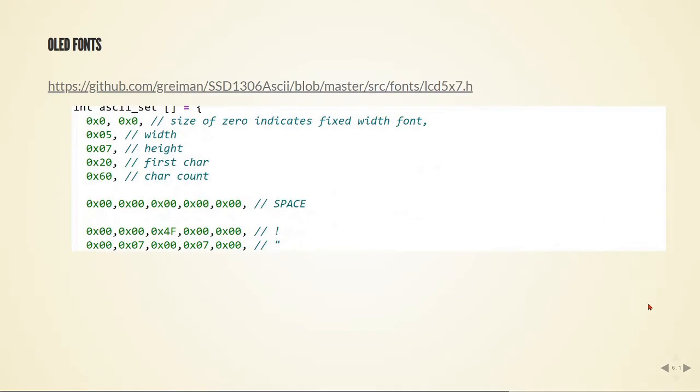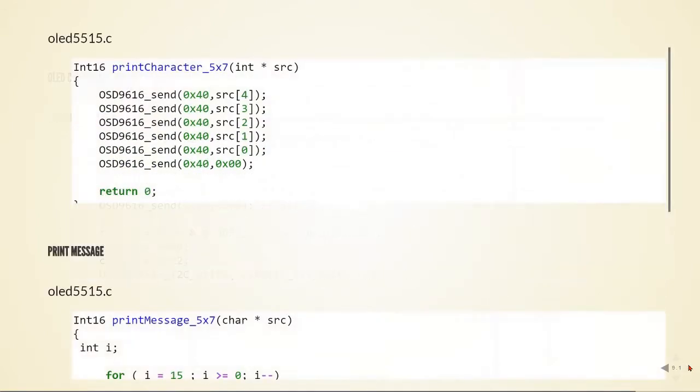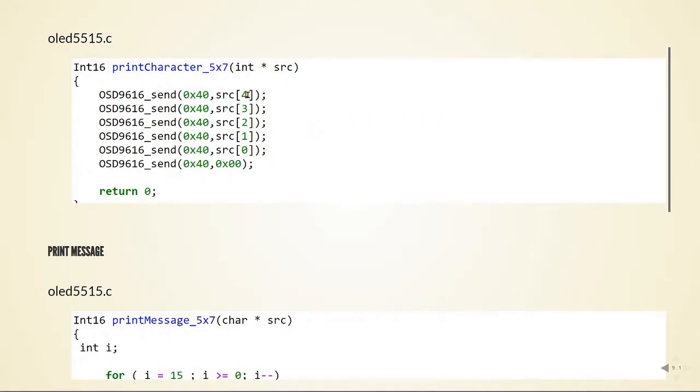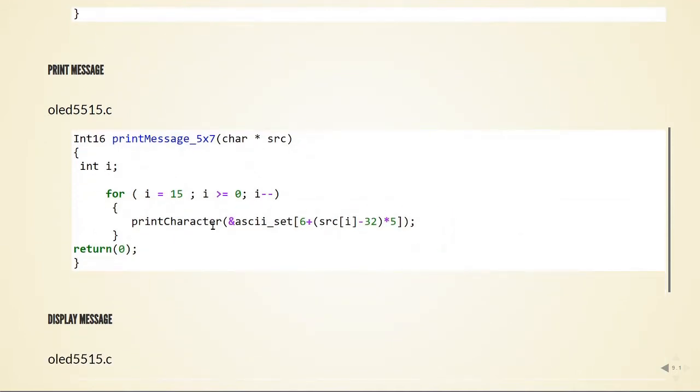And this is what we are doing here. We are accounting for the 6. We also need to account for the 32 non-printable ASCII values. So when we account for that, and as we are using 0, 1, 2, 3, 4, 5, we multiply by 5 here. In this way, we have this.